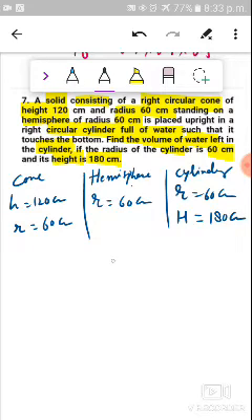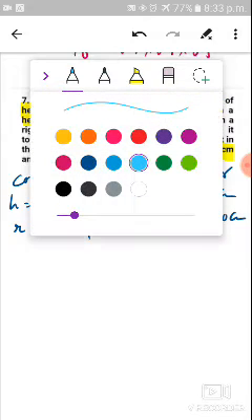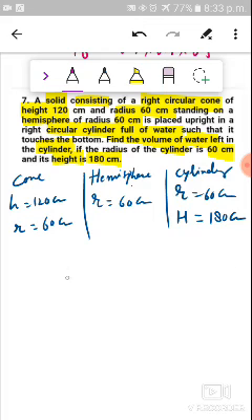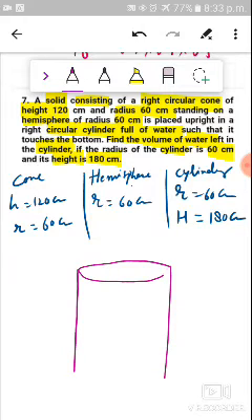Okay, so let us see how the diagram looks. Our solid will look like this. This is our cylinder. And inside this cylinder we have placed a solid which is a combination of cone and hemisphere.